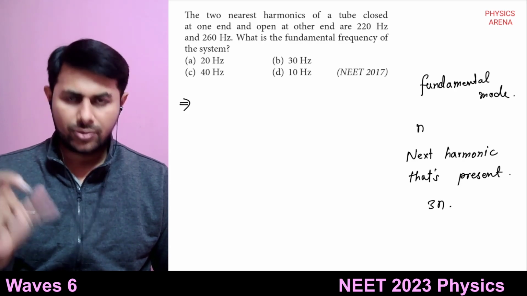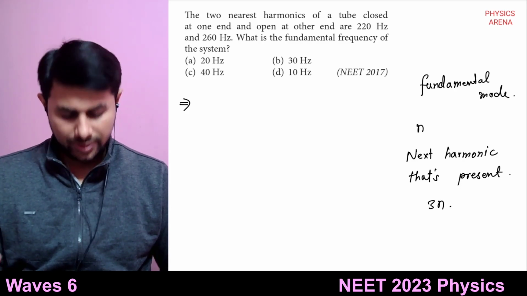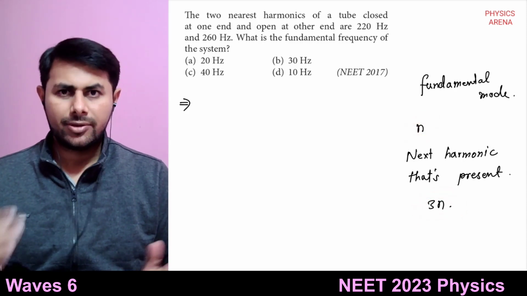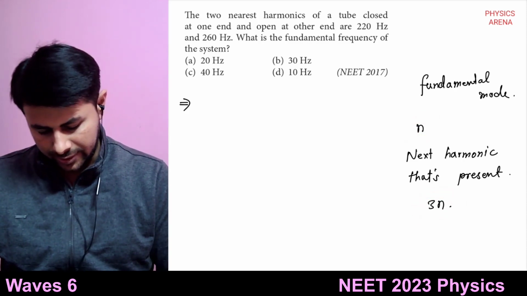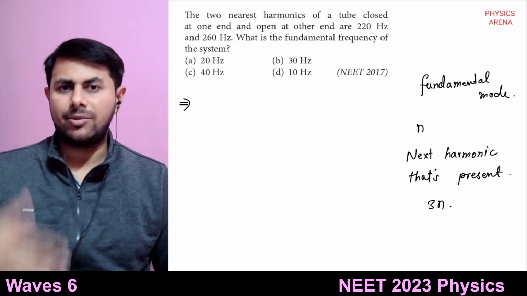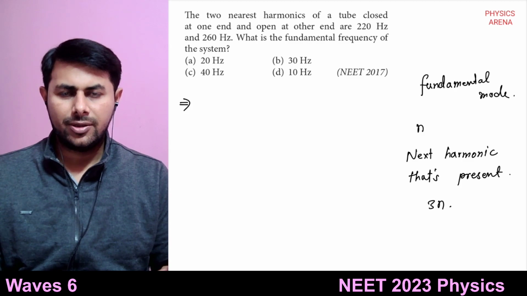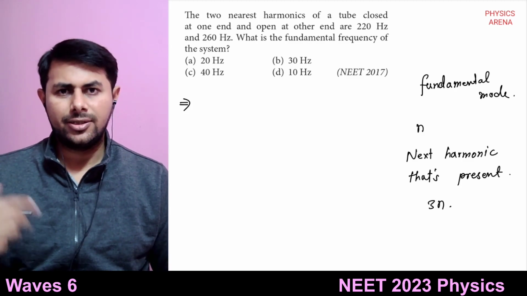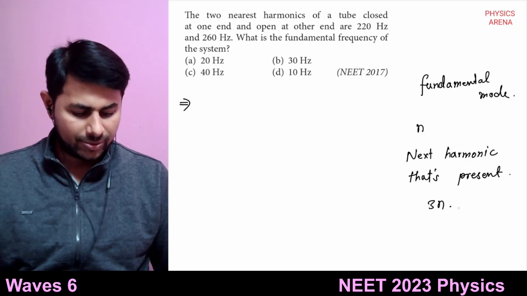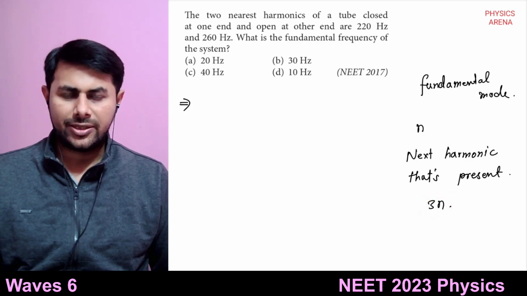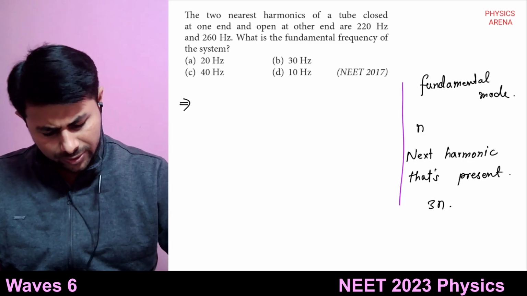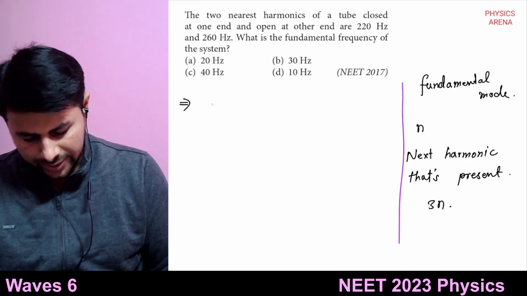So the two closest harmonics have a frequency difference of 3n minus n, that's 2n. You can consider the next harmonic present, which is 5 times n. Take the difference between that and the previous harmonic: 5n minus 3n, so that's 2n.